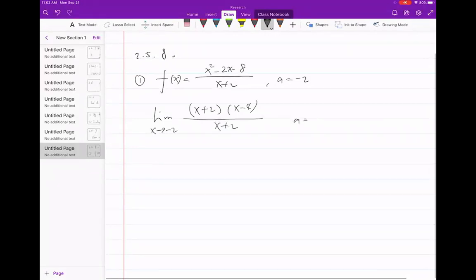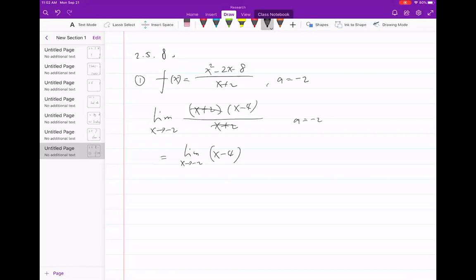We're plugging in a equals -2. Can you see that? It's not possible. Therefore, there is a hole. And once you remove the hole, this is nothing but x minus 4. Sounds good? Okay, that's the first one.